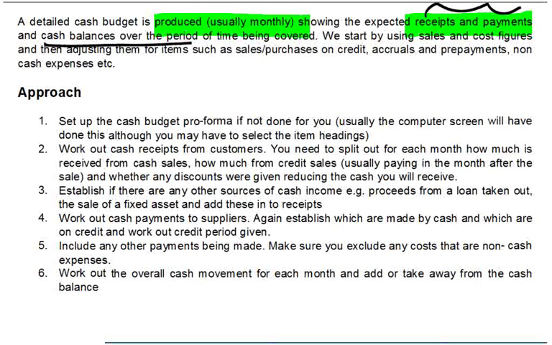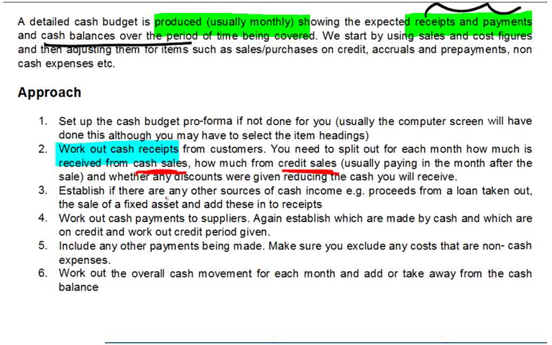So things like cash receipts, payments from your customers in terms of credit payments, wages, overheads, whatever it happens to be, you might have to select those and slot them in. Second job is then to work out those cash receipts from customers, which should be relatively easy for the cash ones, for the cash sales. But for the credit sales, then it's going to be a bit more tricky, and that's what we're going to go on to next, discussing how you actually deal with that.